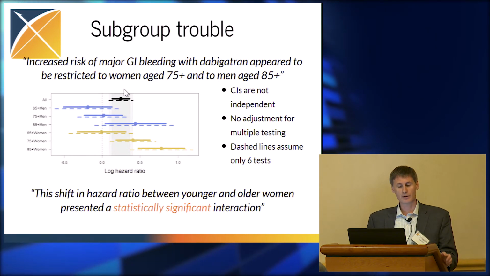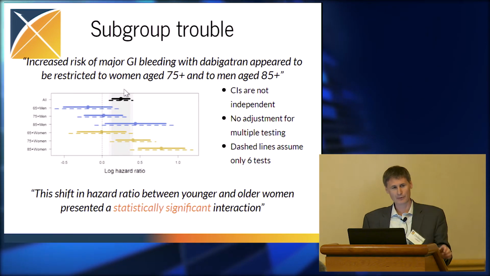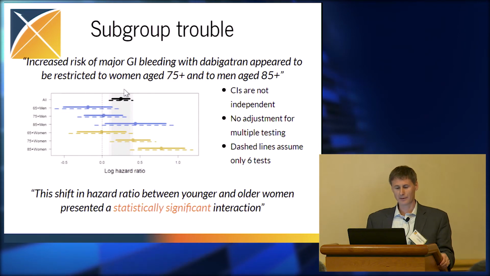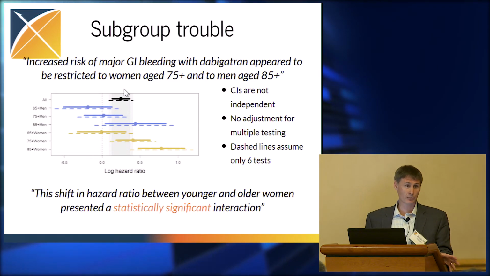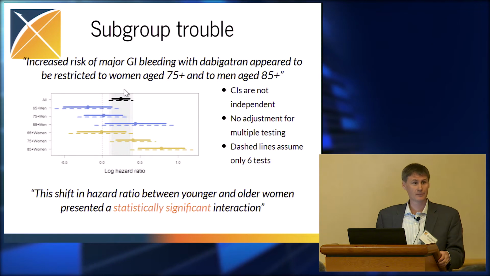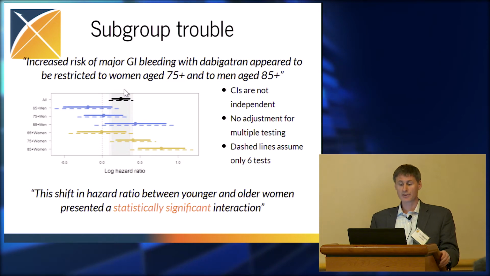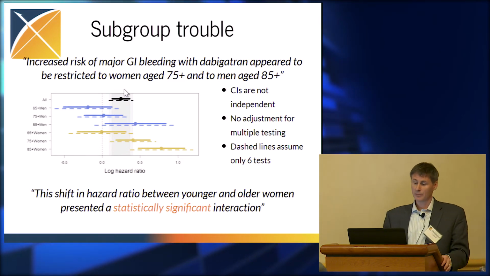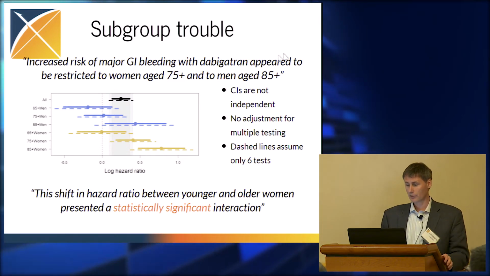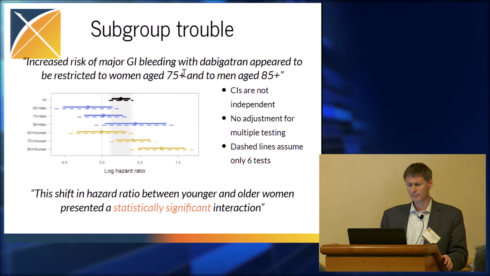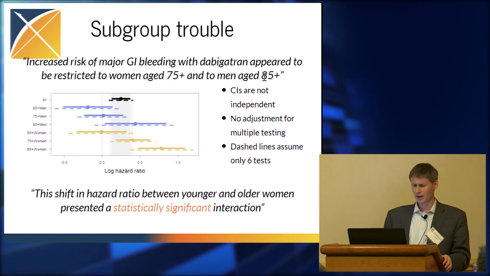It's a good point here, and I'm just repeating for the recording, that they didn't look at different ethnic subgroups where there are known risk factors. They make some claim that there's this increased risk of major GI bleeding with dabigatran for women 75 and men age 85.